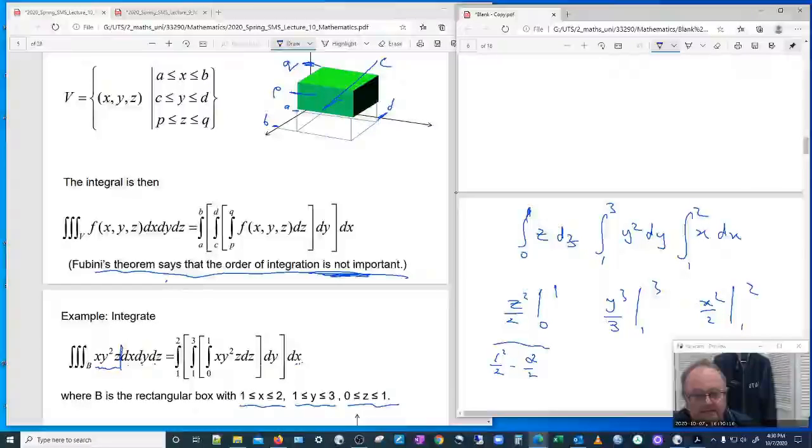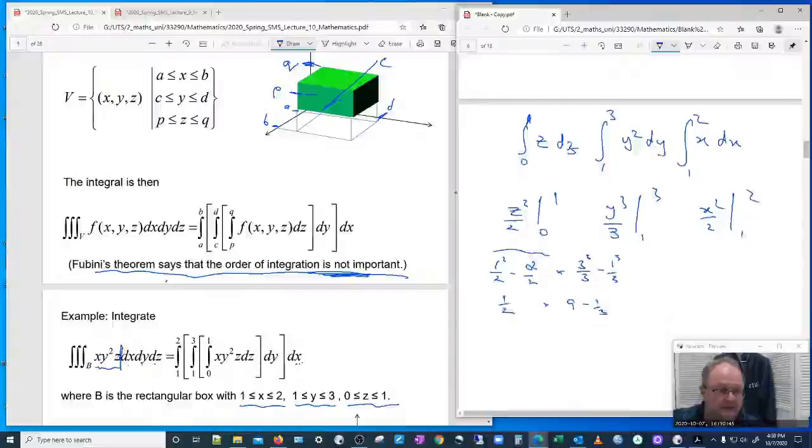That does that guy. So that's a half. This is 3 cubed over 3 minus 1 cubed over 3. So this is a product, so 3 3s are 9, 3 9s are 27. 27 divided by 3 is 9. That's a third. So that product is 9 minus a third for that one.